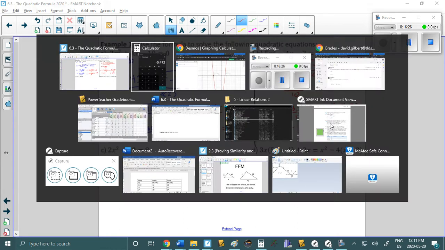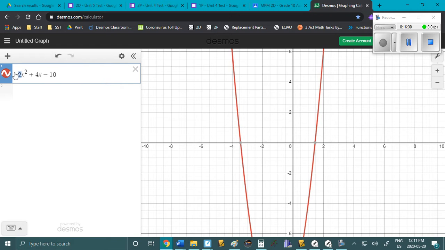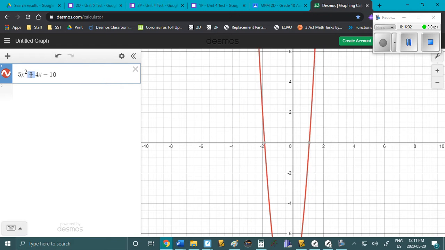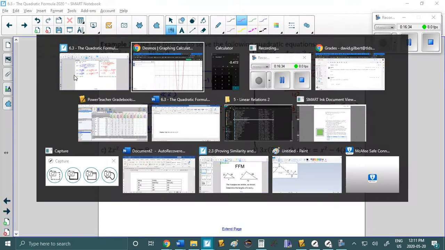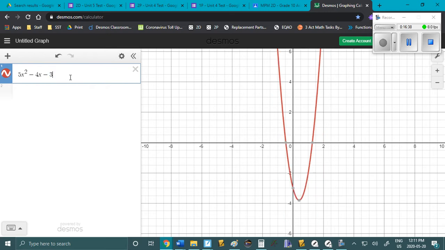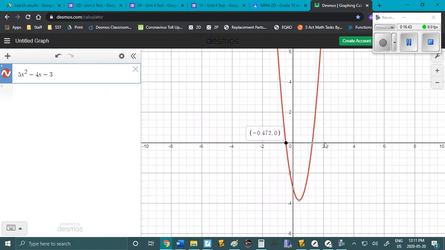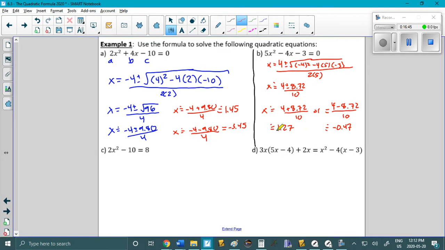Again, let's go to Desmos and check. So I've got 5x squared minus 4x minus 3. And I've got negative 0.47, yes, and 1.272, yes.